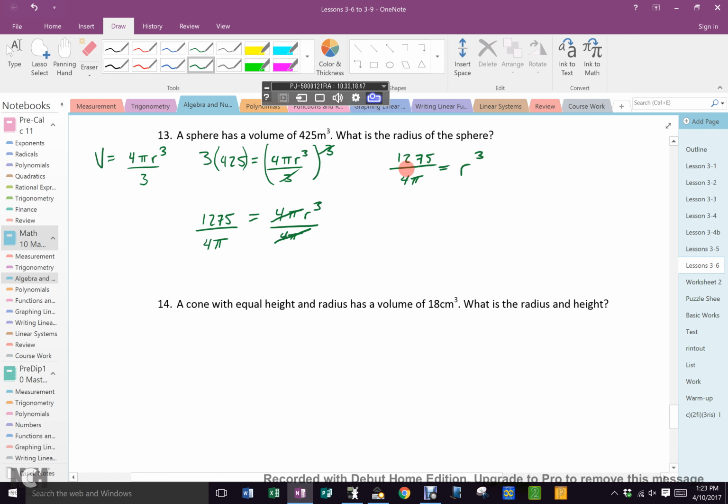To do this on your calculator, you must put brackets there, or your calculator will not do what you want it to do. If you do not put your brackets there, your calculator is going to give you the wrong answer. Now, before you even punch in anything to your calculator, what should you do?